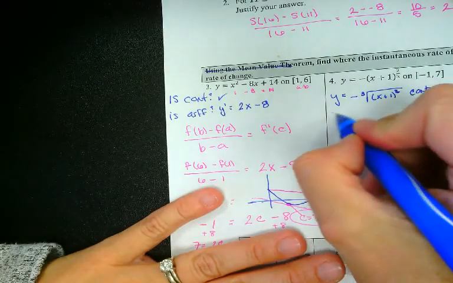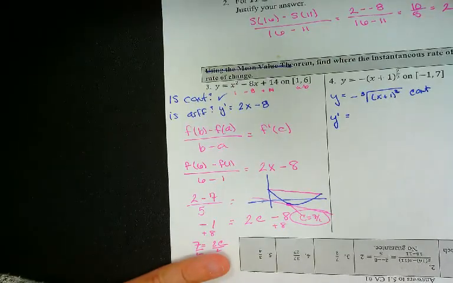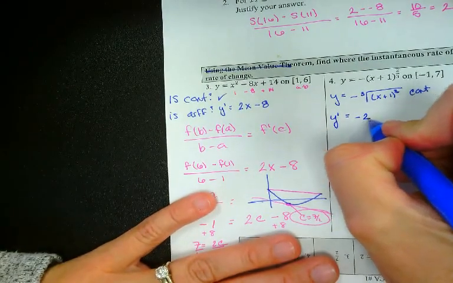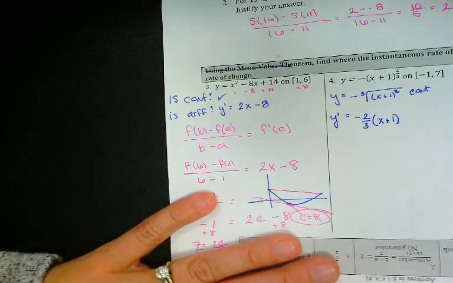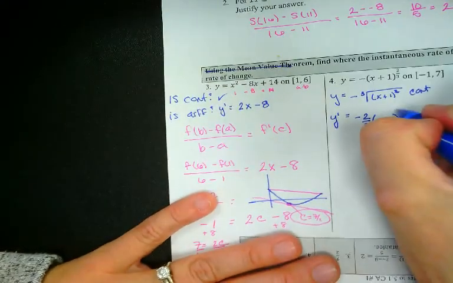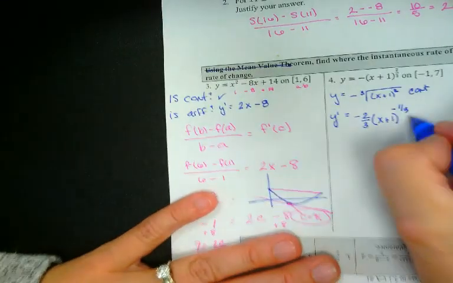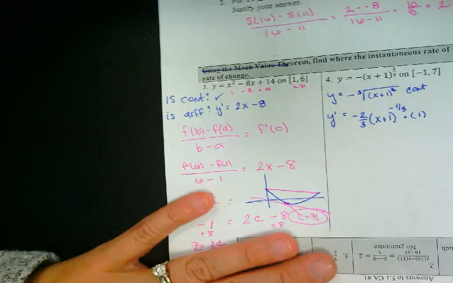All right, so now let's take its derivative. What rule am I using to take the derivative? Chain, inside, outside. So I have negative, bring down the exponent 2/3. X plus 1, subtract 1 or 3/3, so to the negative 1/3. Times the derivative of the inside, which just happens to be 1.